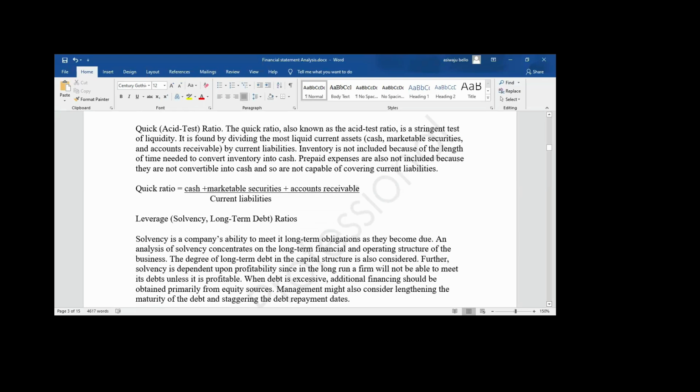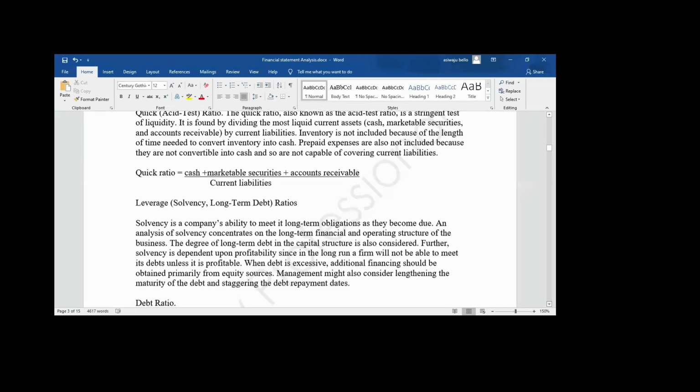This is where we look at the degree of debt in the company's capital structure. That is our gearing, the gearing ratio. We can use that to measure our solvency ratio.